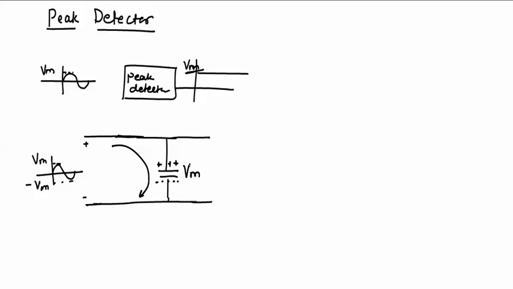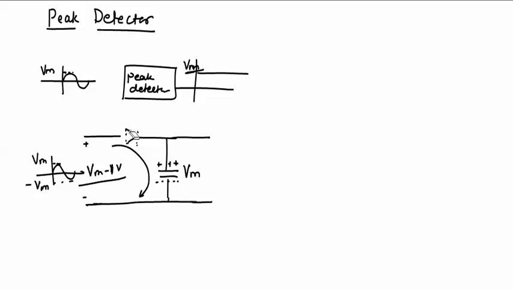Now when the input falls below its peak value, suppose the input is Vm minus 1 volt, the diode was like this. For this diode, at its cathode the voltage is Vm and at its anode the voltage is Vm minus 1 volt, meaning the cathode voltage is greater than the anode voltage.